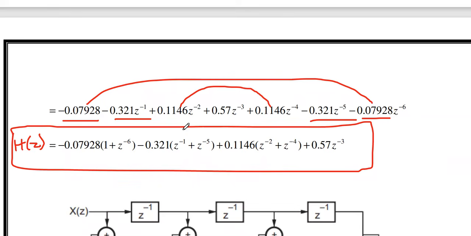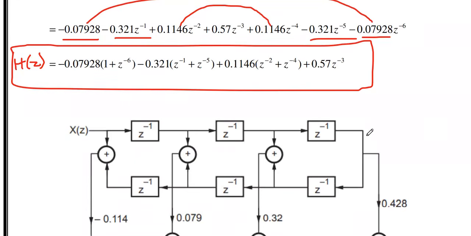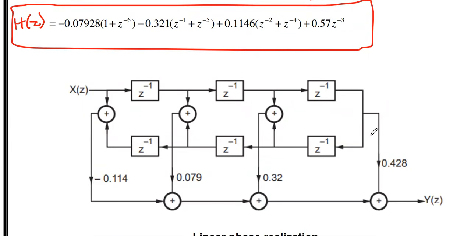If you want to realize this transfer function in linear phase realization, the linear phase realization of FIR filter will be given as a separate video. In that video, we solved nearly 4 to 5 problems. The diagram is like this, and you already know the method.